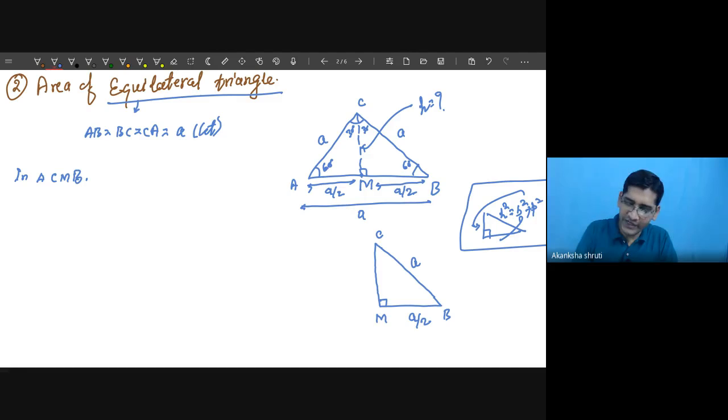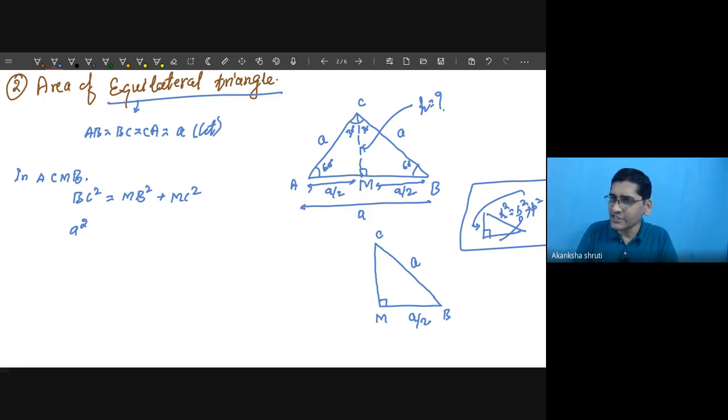The proof we will learn in class 10th. So in this triangle CMB, the hypotenuse BC square is equal to the sum of the squares of the base and perpendicular, meaning MB square plus MC square. Is it okay? Now this BC is our side length A. It is known to us.